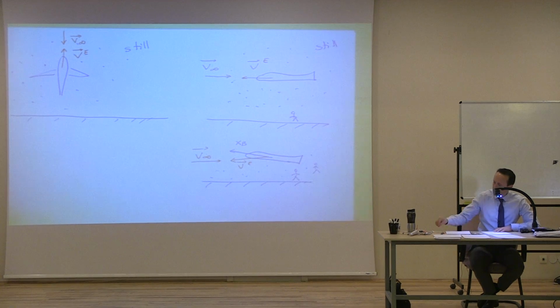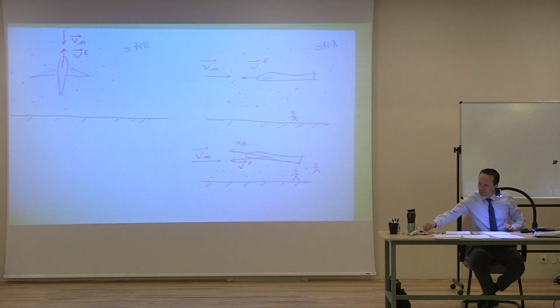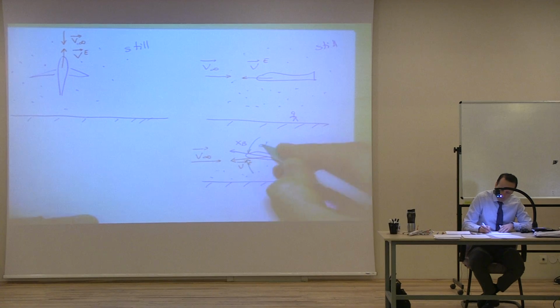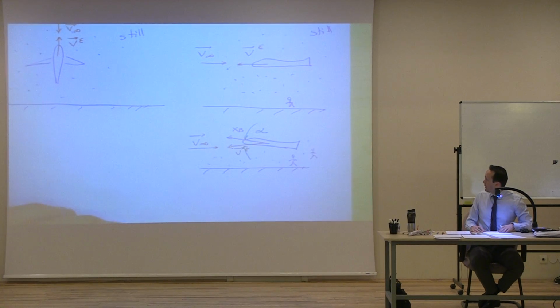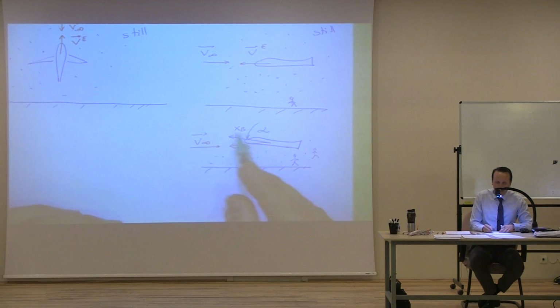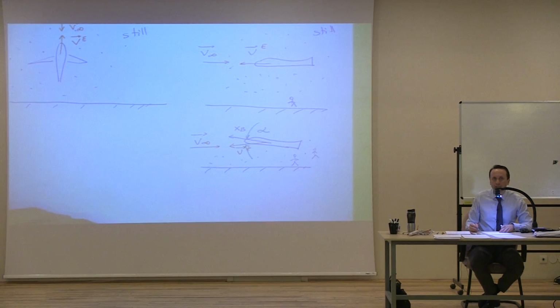Where's the angle of attack here? Let's make it with another color. This angle here, I will call angle of attack. In fact, it's a positive angle of attack, isn't it? Because v infinity is coming from the bottom and you have x body over here. Is that good? Okay.